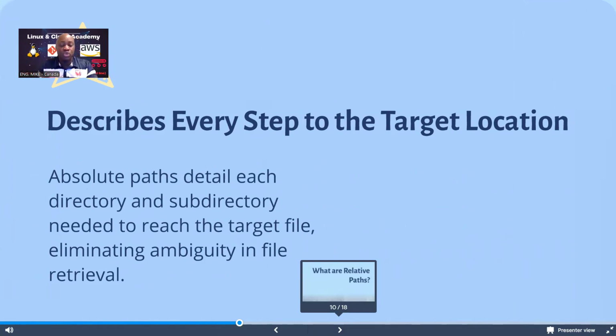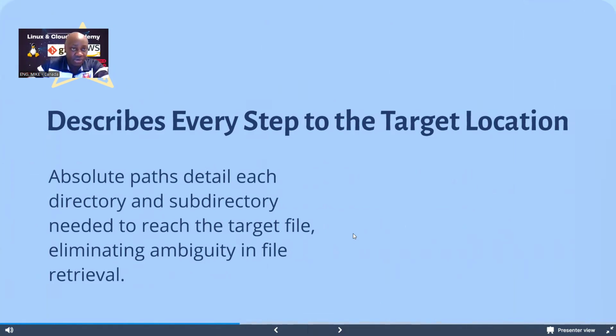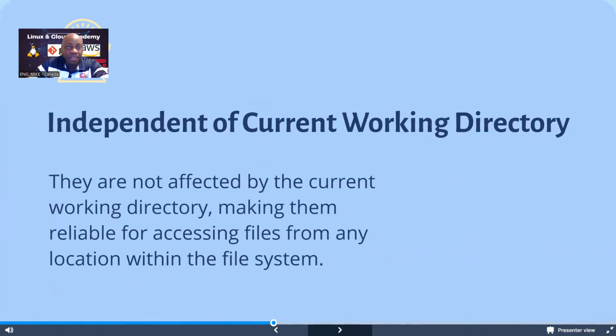Absolute path will give you the path to wherever that file or directory is found. So, independent of current working directory, they are not affected by the current working directory, making them reliable for accessing files from any location within the file system.